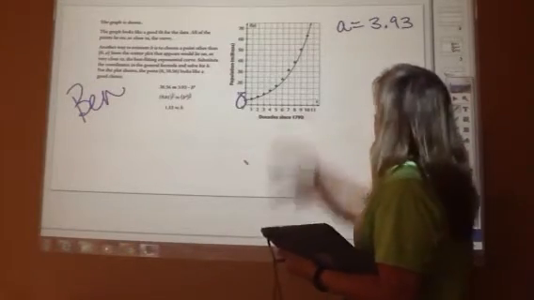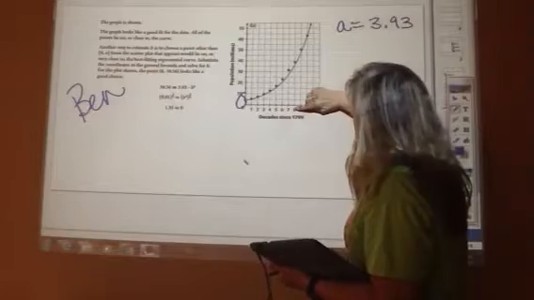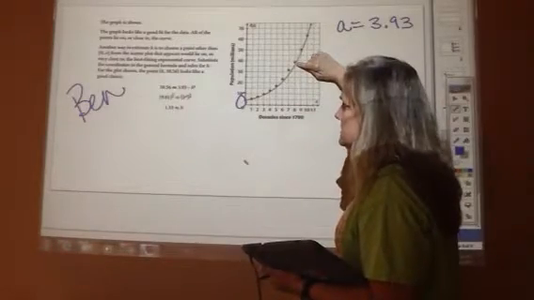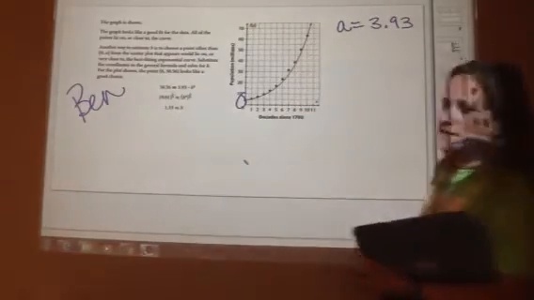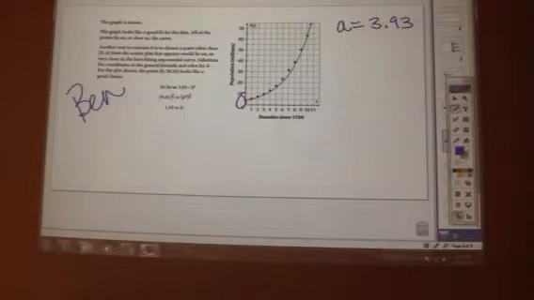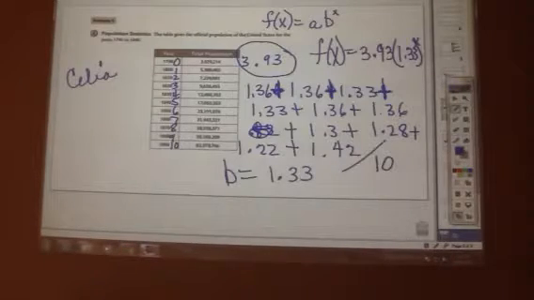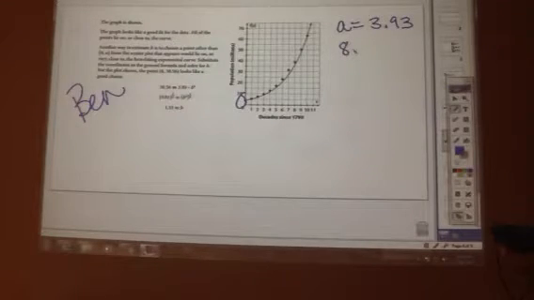You can't pick it because it's your A. He picked 8, 38.56, and he may have got it from that graph, or from this table right here. That's the point he used. So he picked 1 point from the table, and he used his A and 1 point to find B.